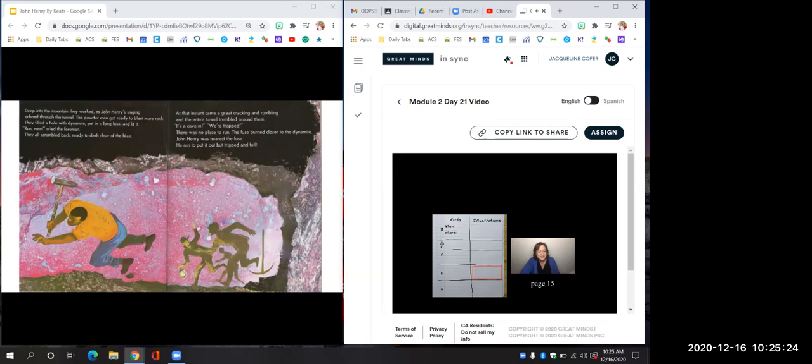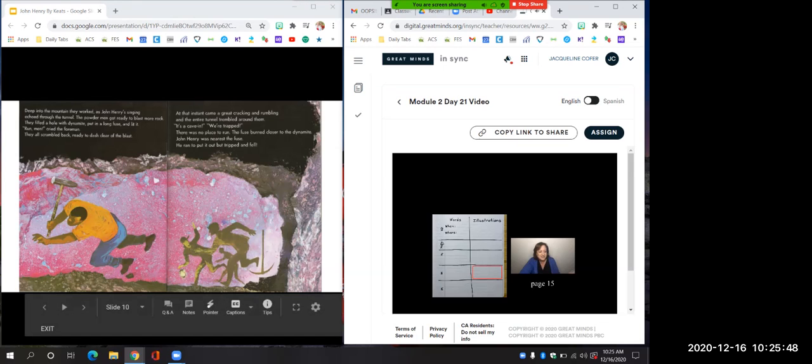At that instant came a great cracking and rumbling, and the entire tunnel trembled around them. "It's a cave-in! We're trapped!" There was no place to run. The fuse burned closer to the dynamite. John Henry was nearest the fuse. He ran to put it out, but tripped and fell.